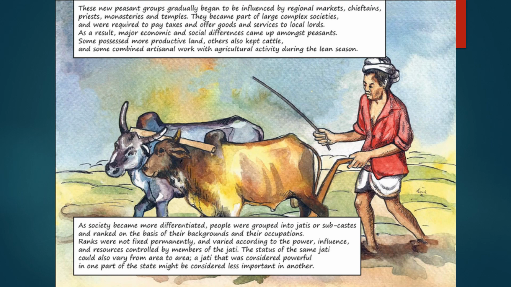Ranks were not fixed permanently and varied according to the power, influence, and resources controlled by members of the jati. The status of the same jati could also vary from area to area. A jati that was considered powerful in one part of the state might be considered less important in another.